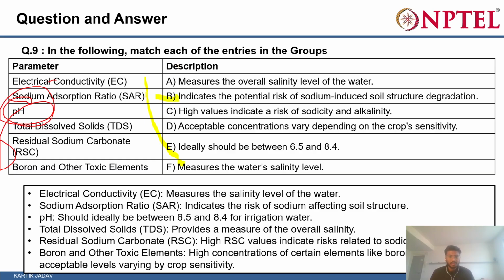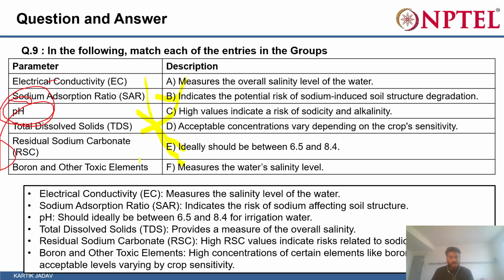Then we have pH, which is ideally between 6.5 to 8.4 for irrigation water. And total dissolved solids provides a measure of overall salinity. So TDS is generally overall salinity, so it matches option A.